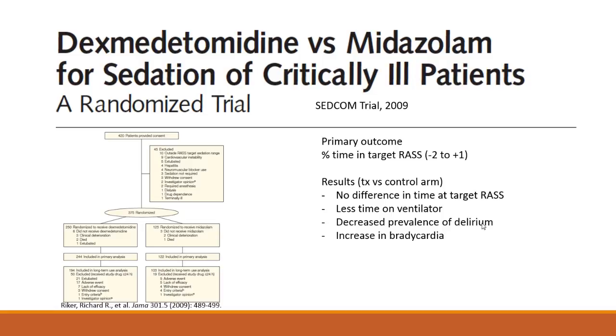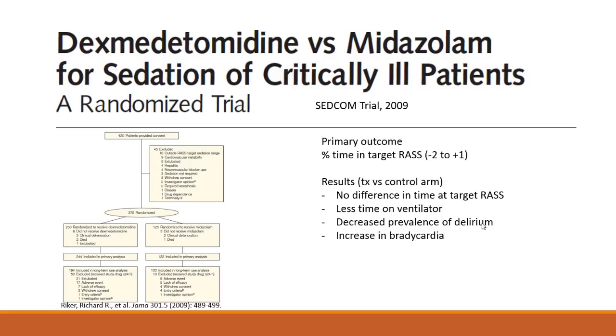And they did that specifically because they wanted to better look at the safety profile of Precedex. So two patients went to the Precedex arm, and one patient would go to the Midazolam arm. And they did allow as-needed fentanyl boluses and haldol, but no propofol in this study.